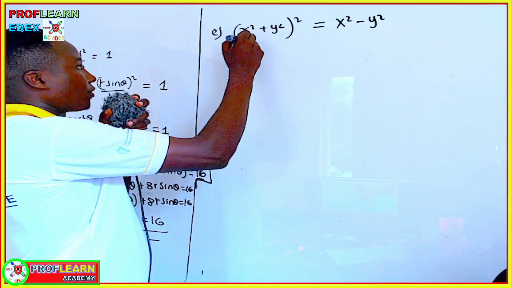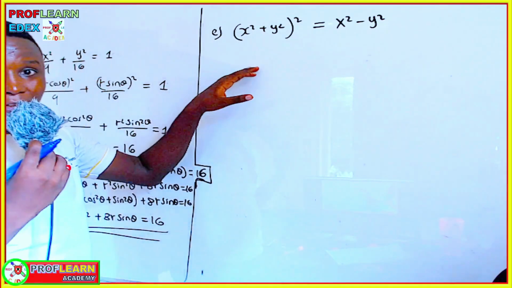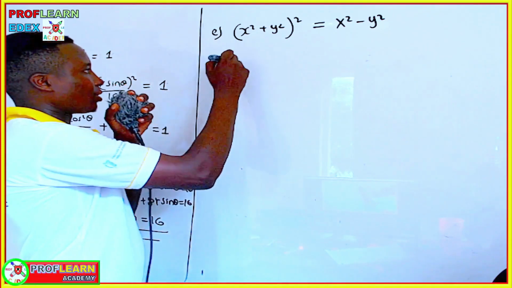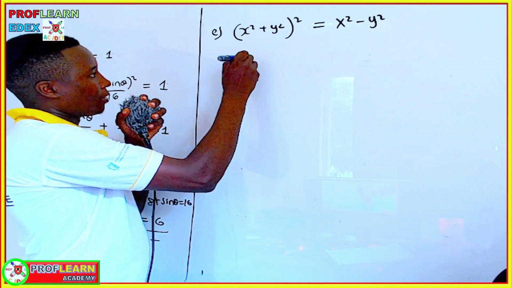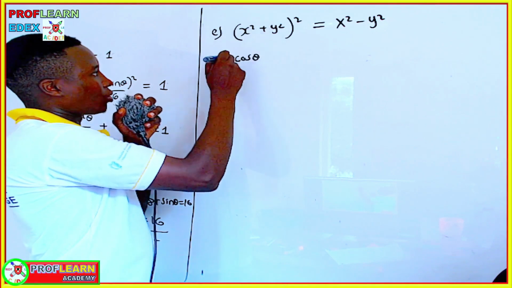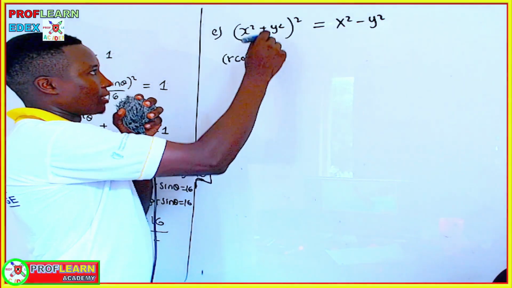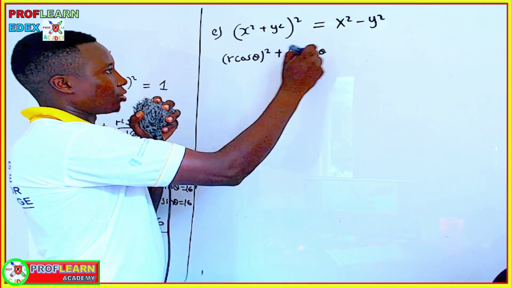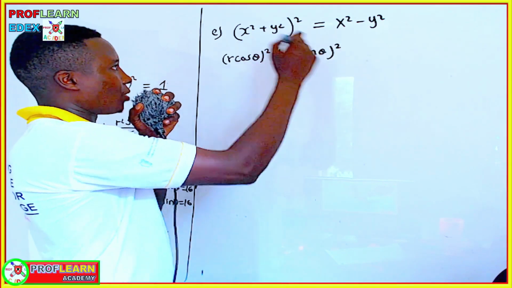So in the process of converting this to polar form, we know what x is in polar form. x is r cos theta, but since it's squared, we square this, plus y, which is r sine theta, and since it's squared, we square that y.